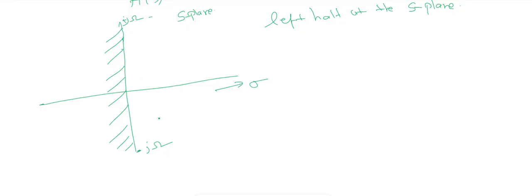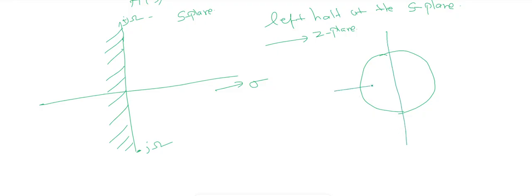For stability, how is the imaginary axis in the S plane mapped into the Z plane? The imaginary axis in the S plane is mapped into the unit circle in the Z plane.